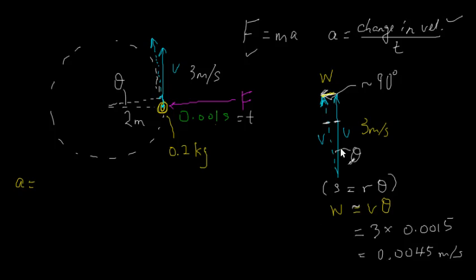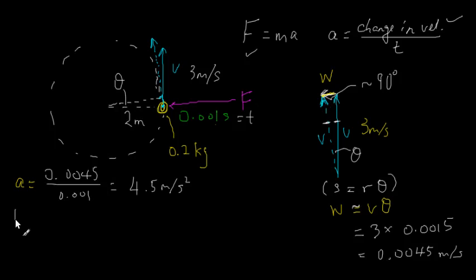I've called my change in velocity W in this case, but never mind the W, I'm just going to go straight to the number: 0.0045 divided by the time, which is 0.001 of a second. So that gives me 4.5 meters per second squared, and that would be in this direction, towards the center of the circle.